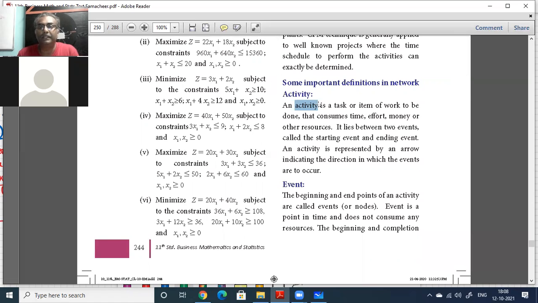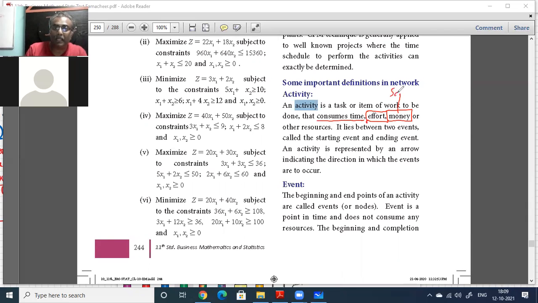So an activity is a task or item of work to be done that consumes time, effort, money, or other resources. Of course, it will consume time. Why? This fellow has to sit and do the coding. It takes effort. He has to put his brain power to work, then only can you do the programming. Then it will cost money, because who will give him the computer?